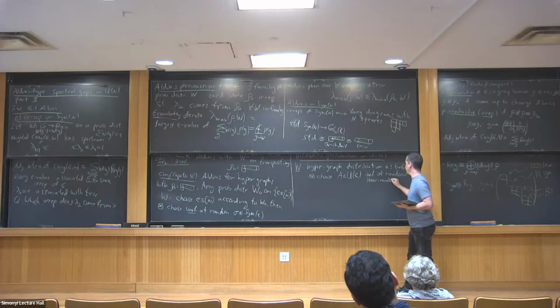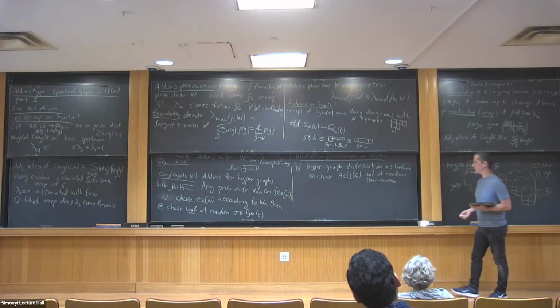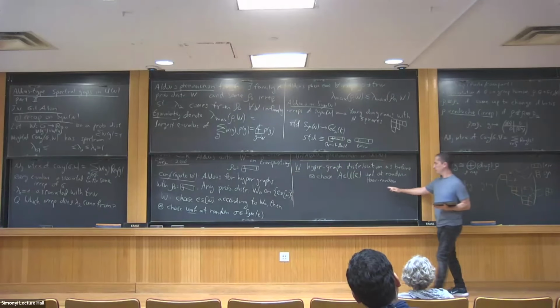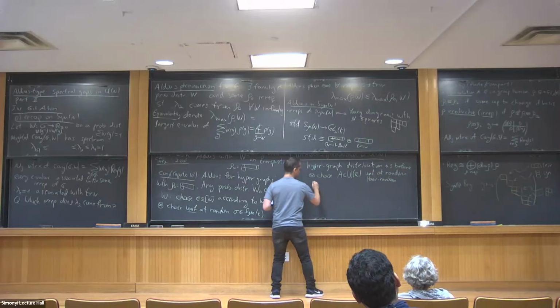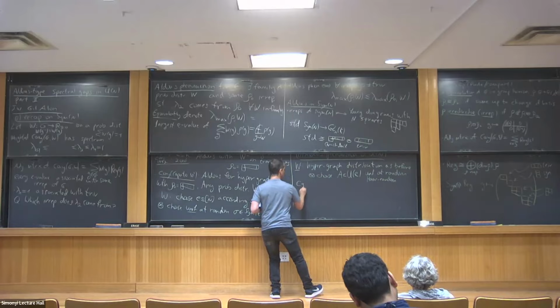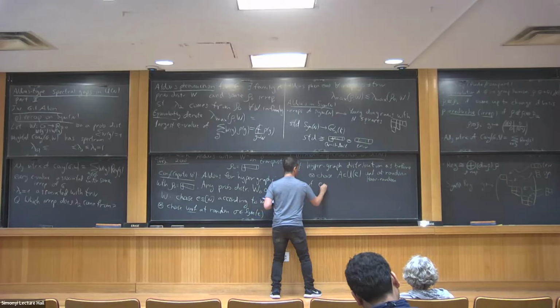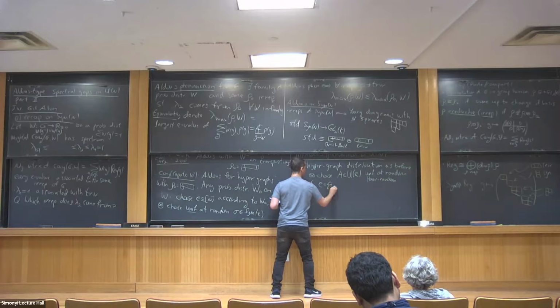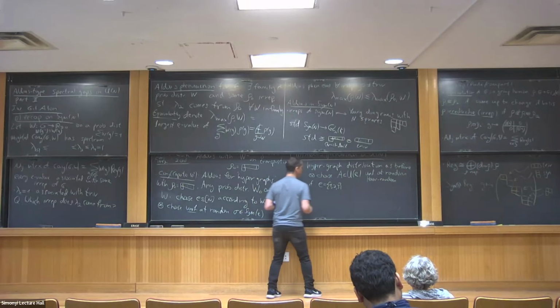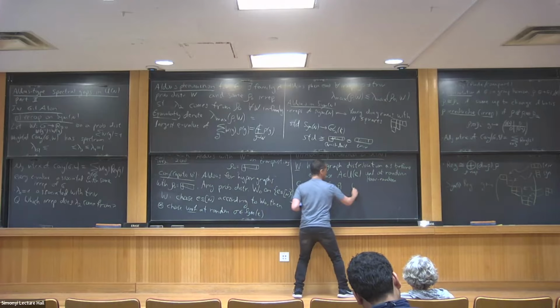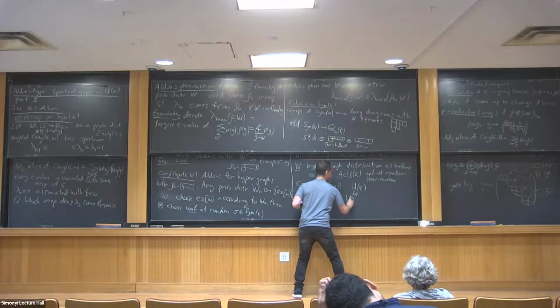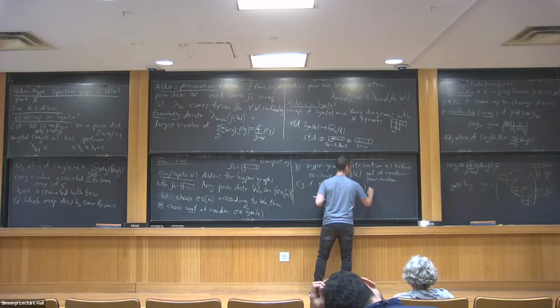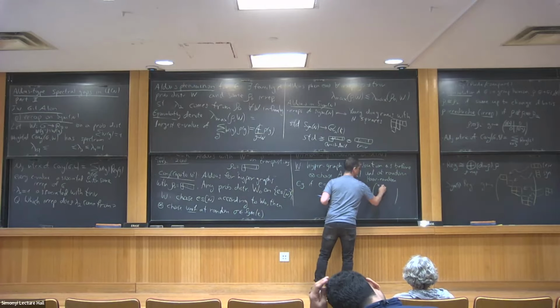So Haar is a natural probability distribution that you have on every compact group. And I will say more about it later. And U(E), just to be on the safe side, so for example, if E is the set 1, 2, let's say 1, 2, 3, U(E) is, first of all, it's like U(3), and these are matrices like that.